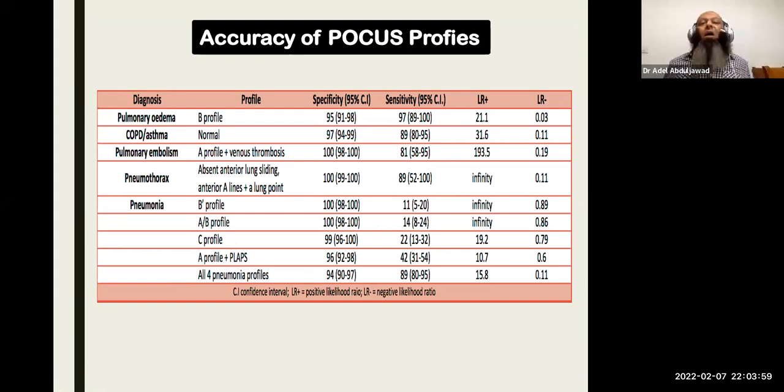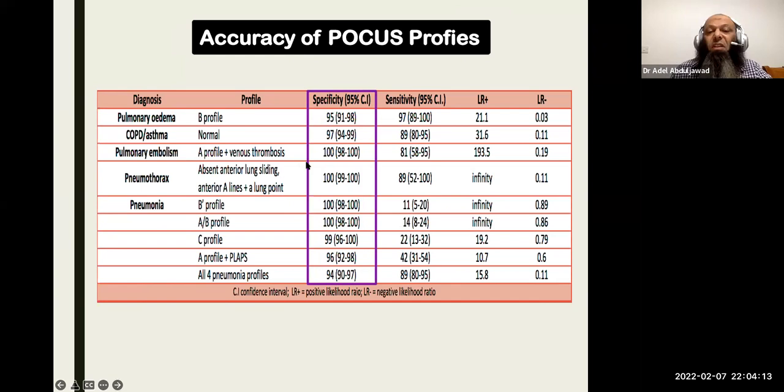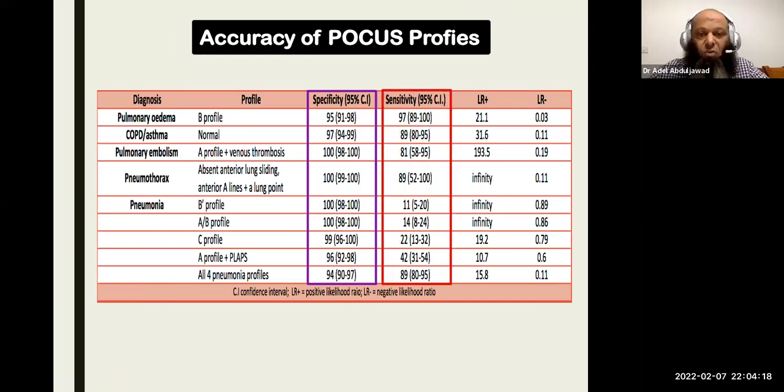And regarding point of care ultrasound profiles in assessing the diseases, these are the accuracy data of point of care ultrasound. Here, assessing the sensitivity and the specificity, if you compare this to other tools.